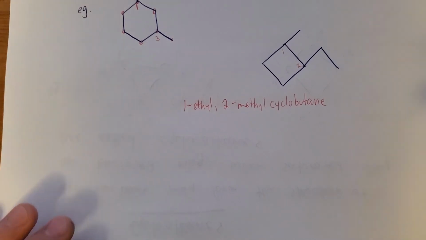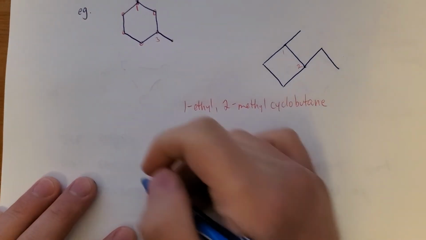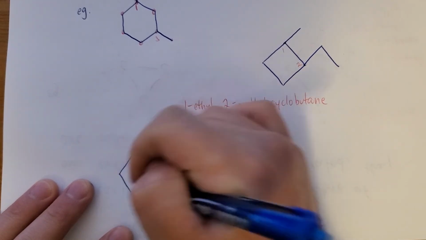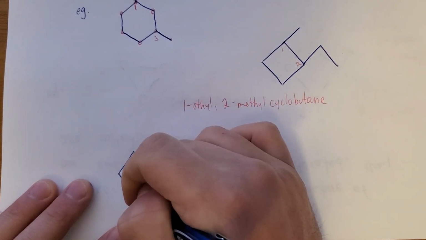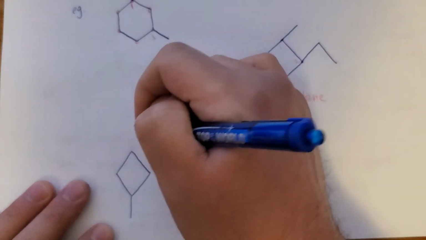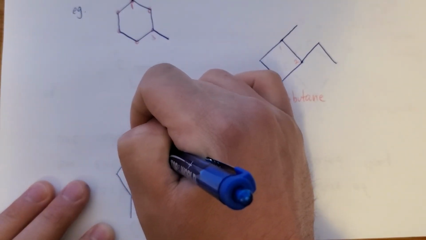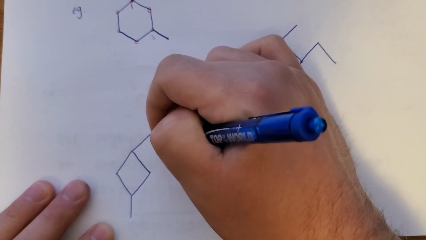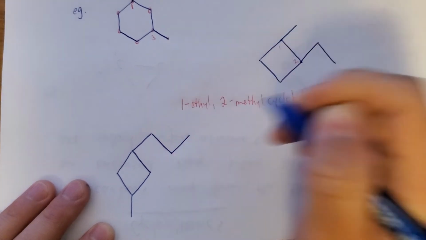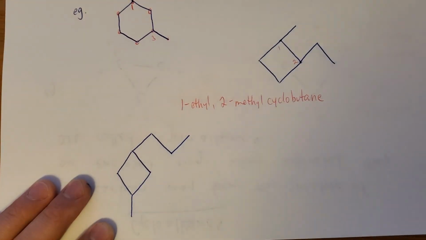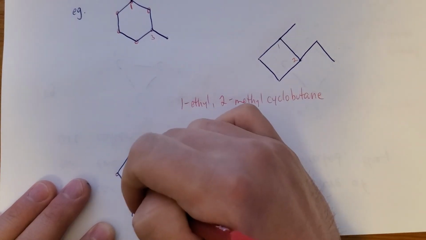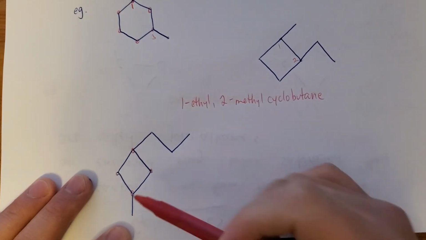Let me just throw another one at you here. I guess I'll do another butane. I'll make it crazy. Whoa, what's going on here? So it's cyclobutane. This is a methyl.